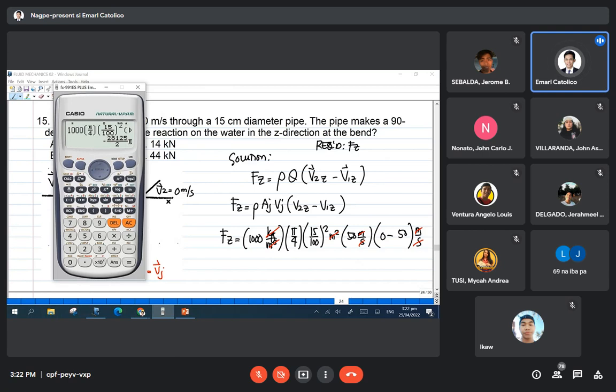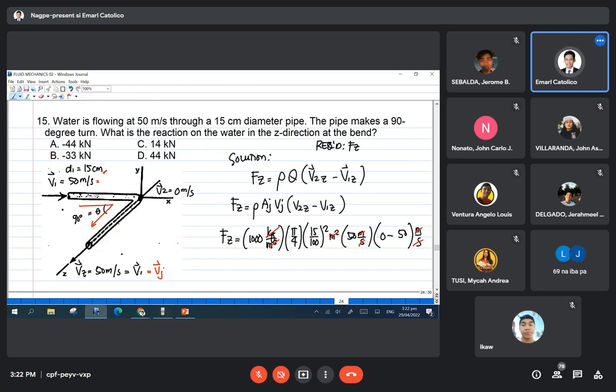Divide 1,000 dapat. 44.18. Therefore, FC, negative 44.18 kilonewton. So, letter A yung sagot natin. So, bakit negative ang sagot? Kasi yung talsik ng water sa jet ay patalikod.